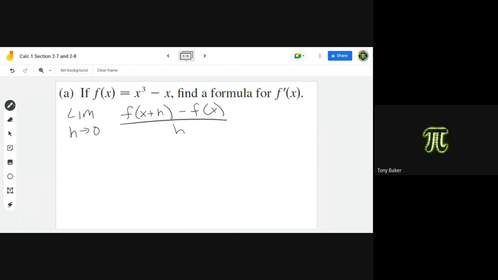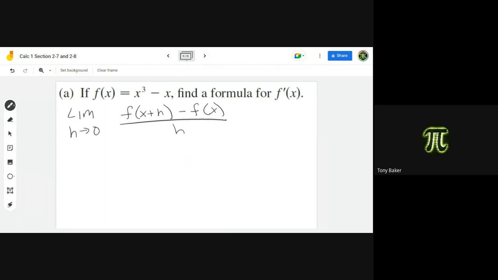The only difference is instead of an a, we're using the x, which can make the first step more confusing because we're going to keep the x. So what I would typically do in these is instead of trying to just plug them all in, I would simplify down as much as possible.